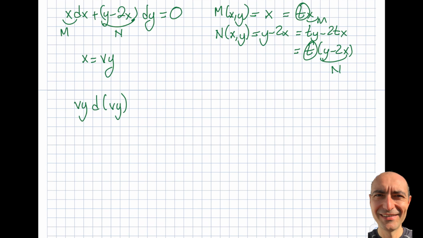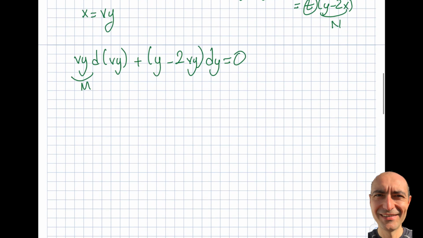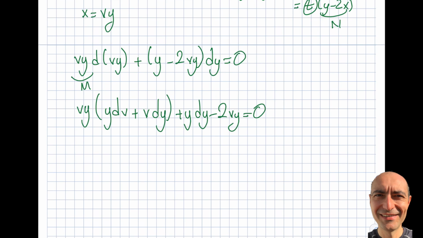d(vy), this is M, right? That's what I'm writing up there. So y minus 2vy dy is equal to 0. Okay, so let's do this. vy times the chain rule that we can apply here: y dv plus v dy, plus y dy minus 2vy dy is equal to 0.